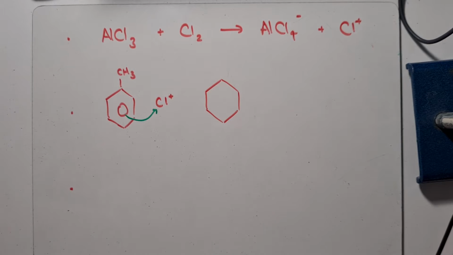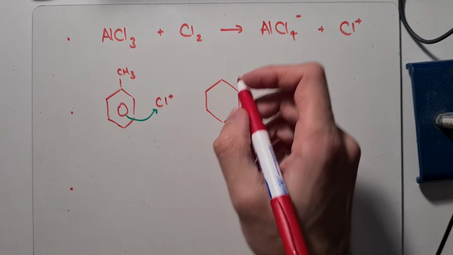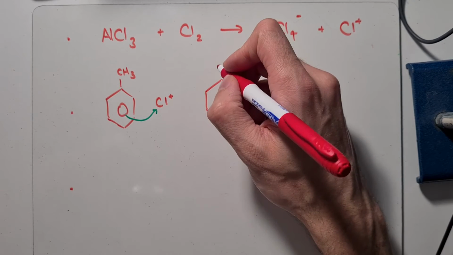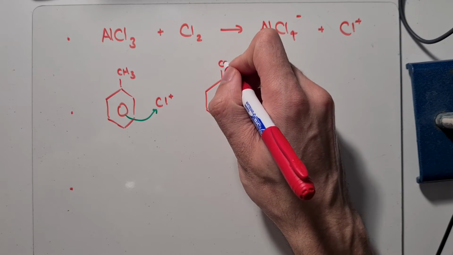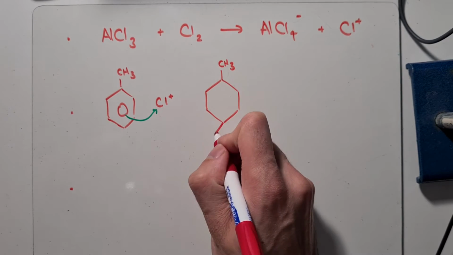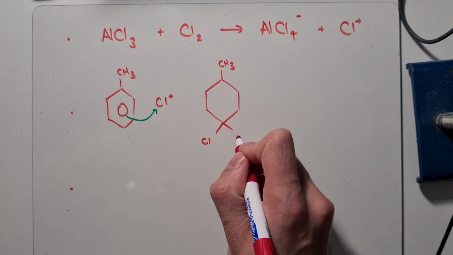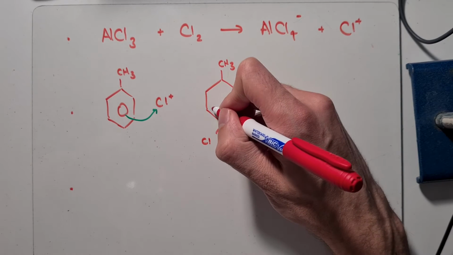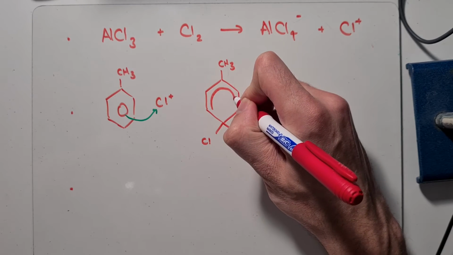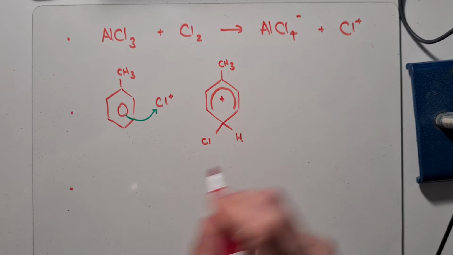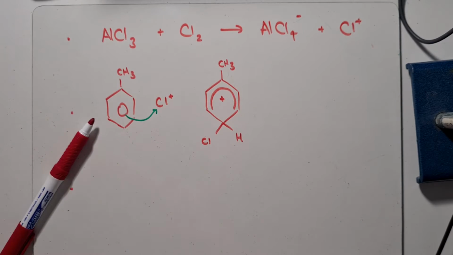Actually, no, you didn't. It could have been anywhere. Oh, it does. No, it does tell you it's 4-chloro, so it does have to be on the 4th carbon. So we have a chlorine and a hydrogen. The ring's been broken, and we'll have a positive charge on it.